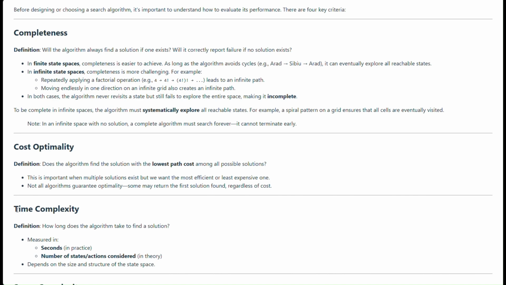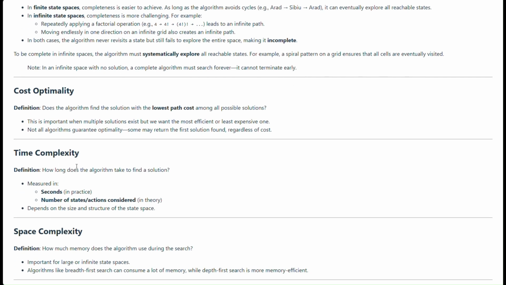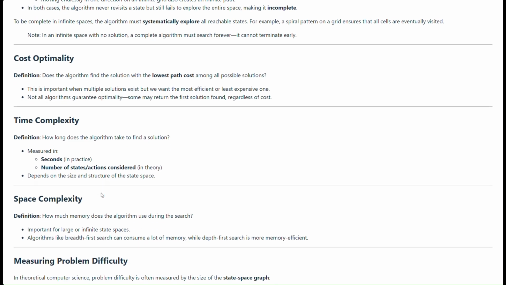Next up is time complexity. Time complexity is basically the amount of time that the algorithm should take to solve a certain problem. And it's mostly associated with the number of states the algorithm has to cover.